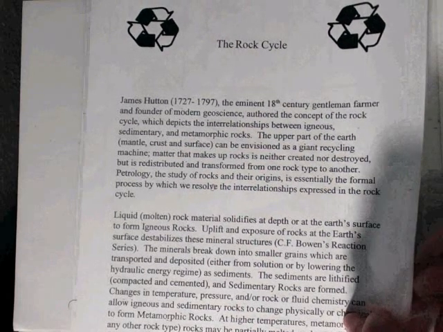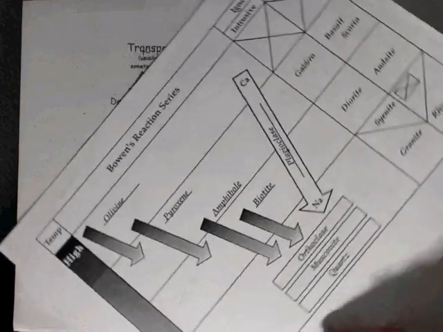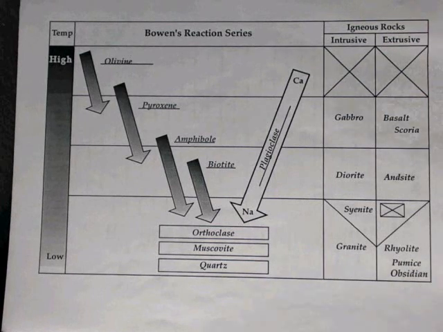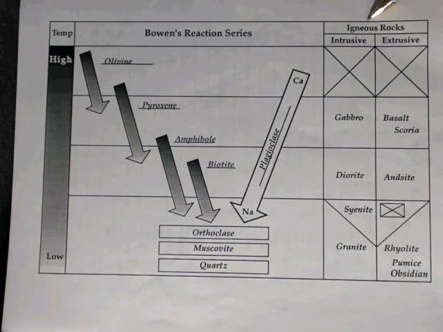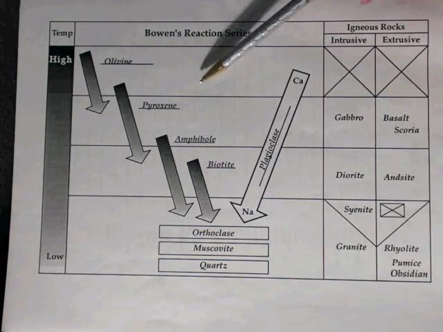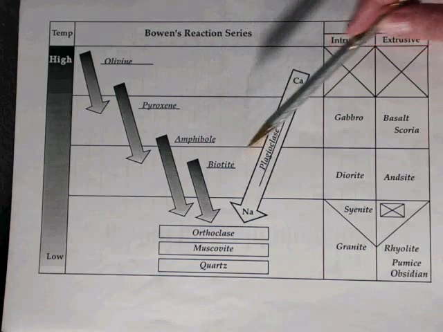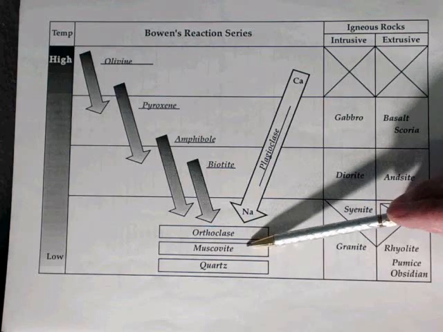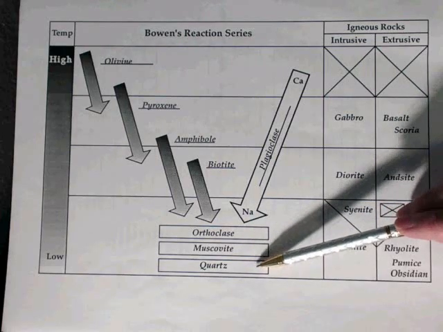Then there's one page in here that talks about Bowen's reaction series, and we will be looking at that a little bit more closely when we talk about our igneous rock group. How we classify has a lot to do with what minerals are in our igneous rocks, and so these should look familiar: olivine, pyroxene, amphibole, biotite, the plagioclase feldspars, orthoclase feldspar, muscovite mica, and quartz as well.